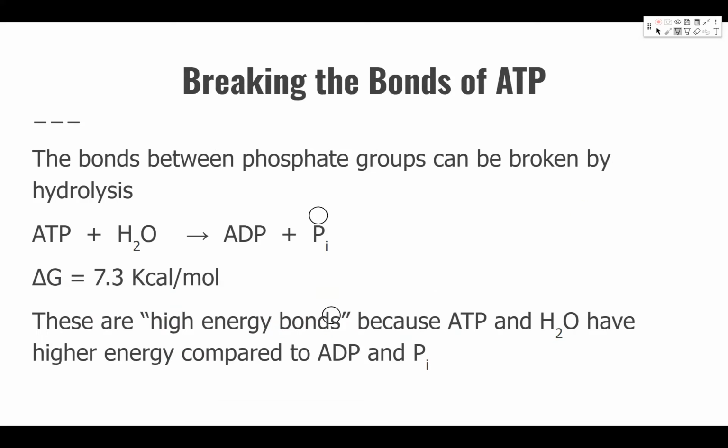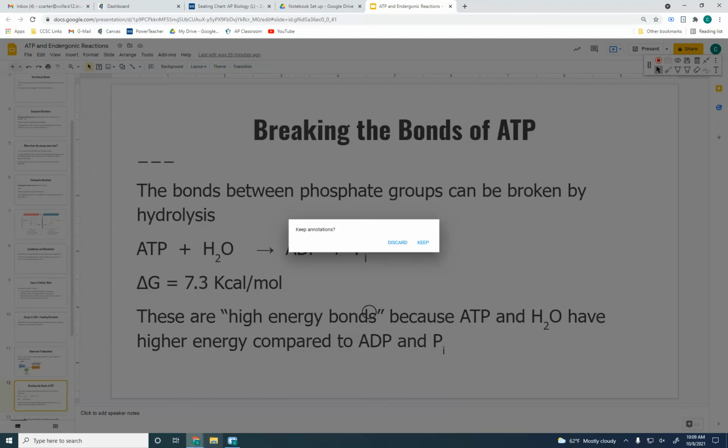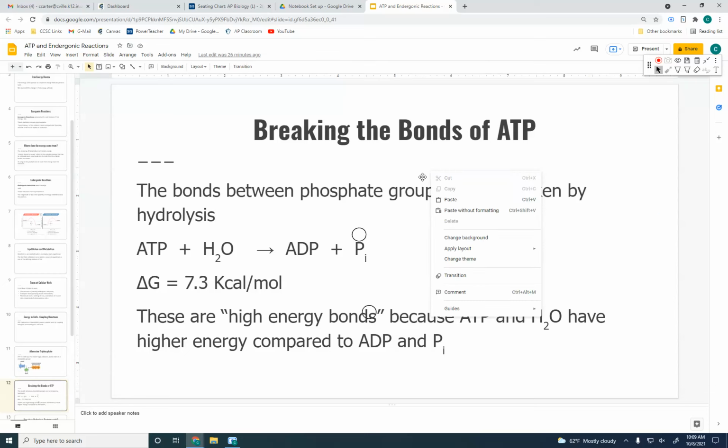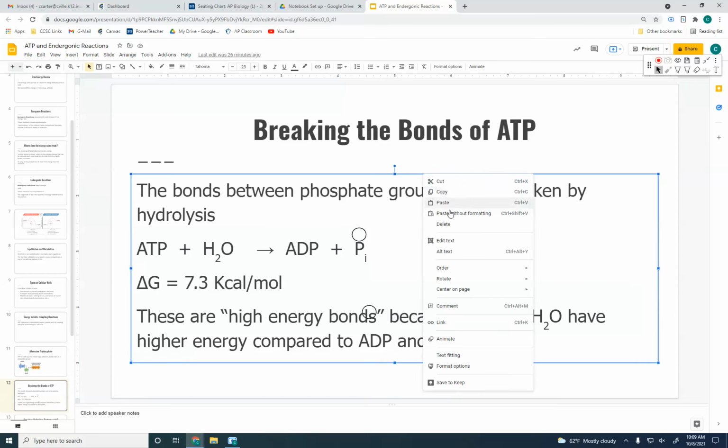So when we break one of these bonds, my circles didn't stay where they needed to be. When we break one of these bonds, we do so by hydrolysis. Does anybody remember what hydrolysis was? Where we used hydrolysis in the past?